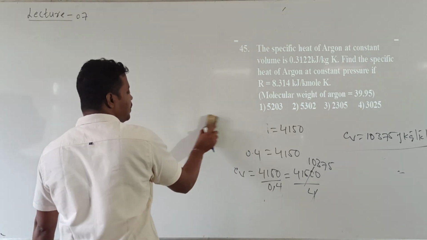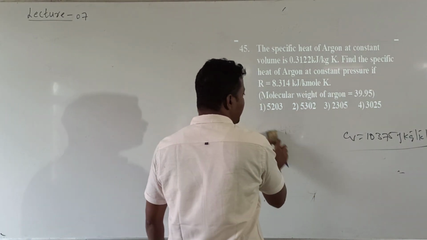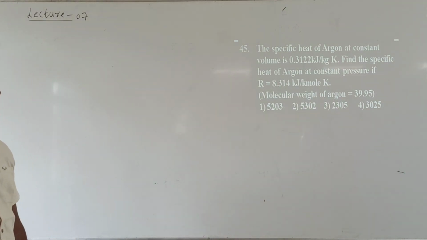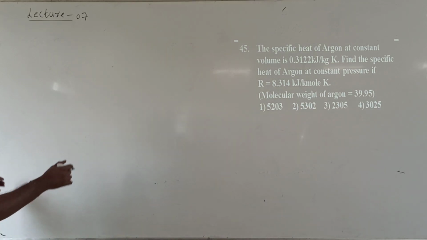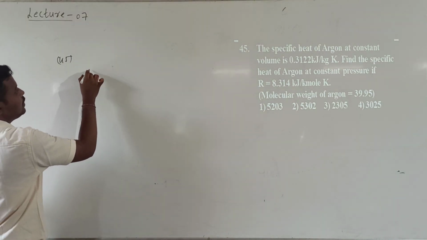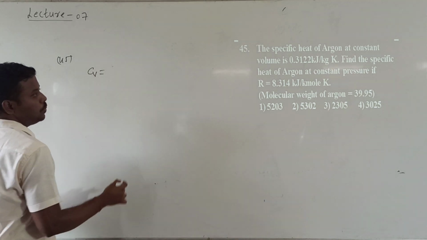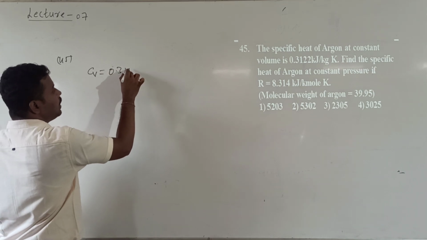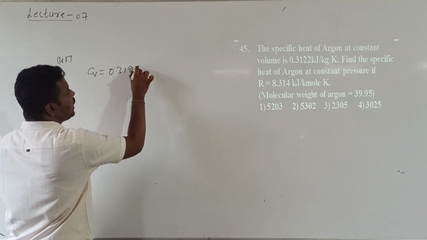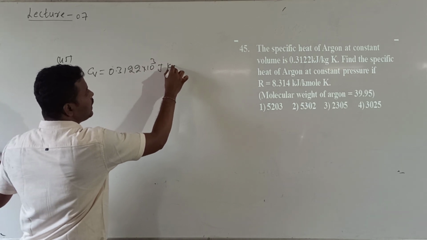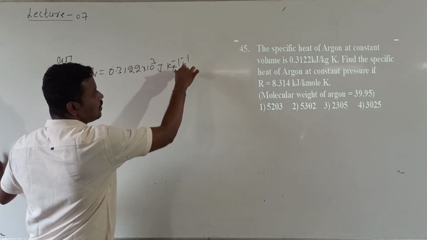So what is question number 45? The specific heat of argon at constant volume. So that is small cv. How do I know it is small cv? Because it is given in kg, which is 0.3122 kg into 10 to the power of 3 joule kg inverse Kelvin inverse.